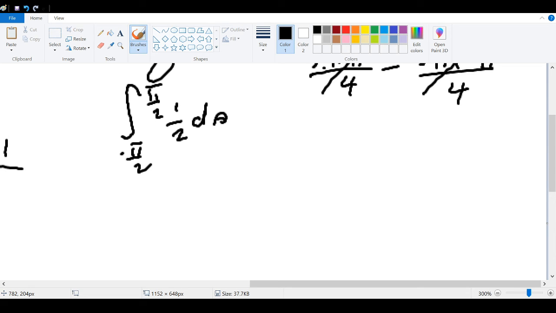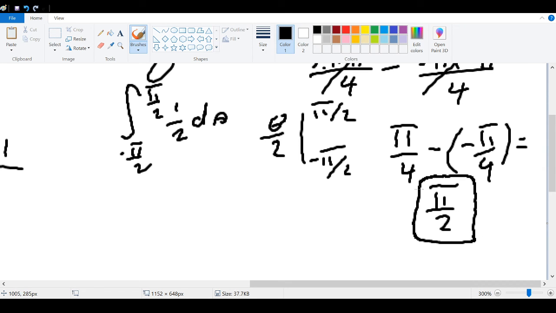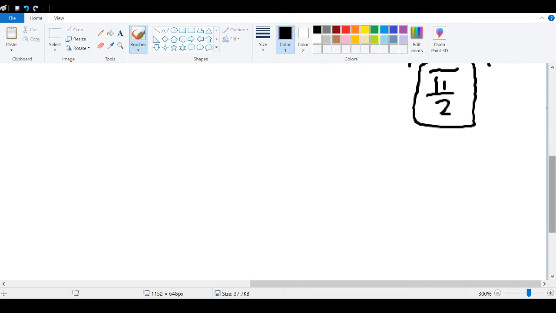When we evaluate at pi over 2 and negative pi over 2, we plug in pi over 2 and get pi over 4, and then we subtract away negative pi over 2 over 2. So we're subtracting away negative pi over 4. And then we arrive at our answer, which is pi over 2. Which is great, and that's the by-the-book way of doing this integral.